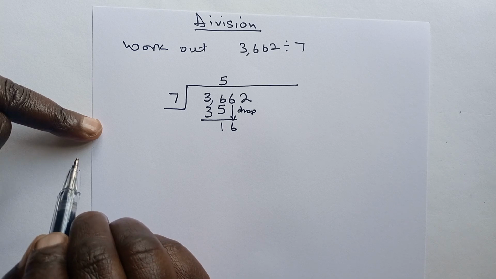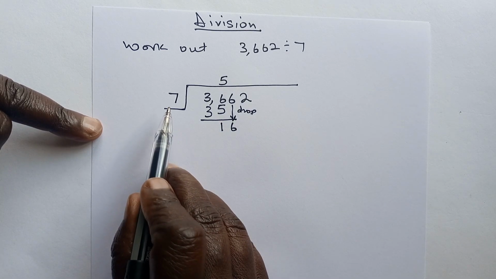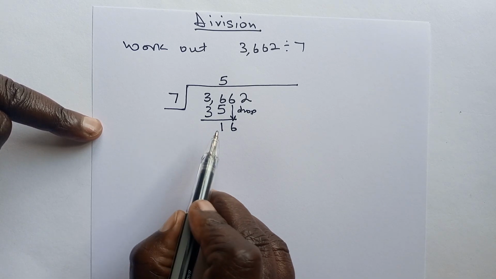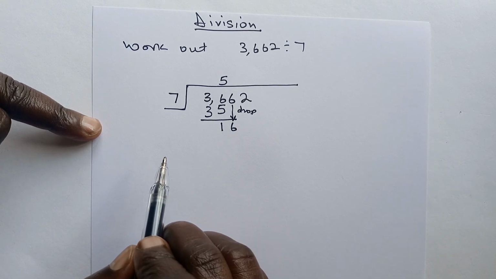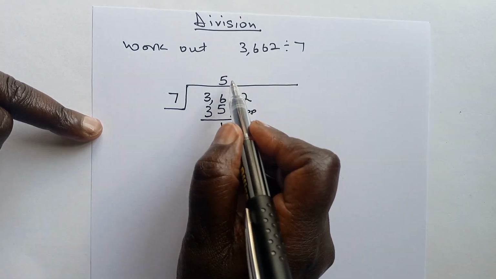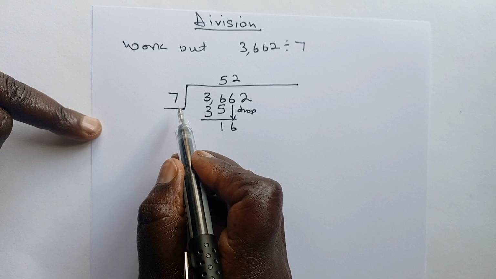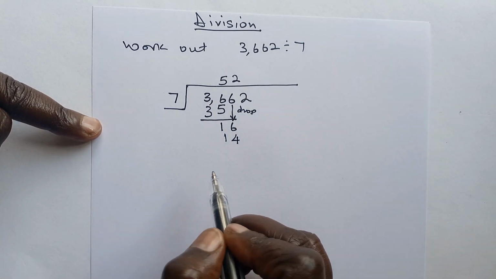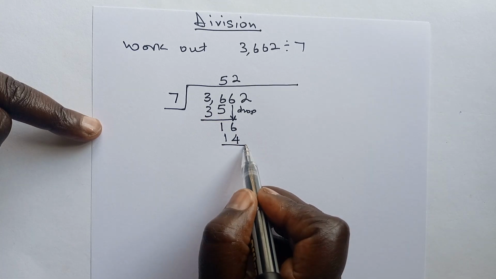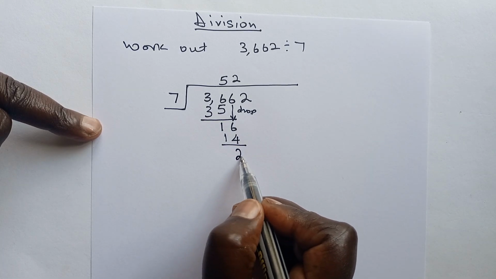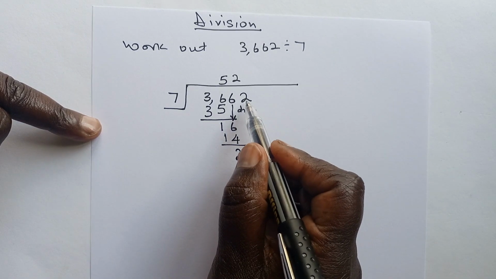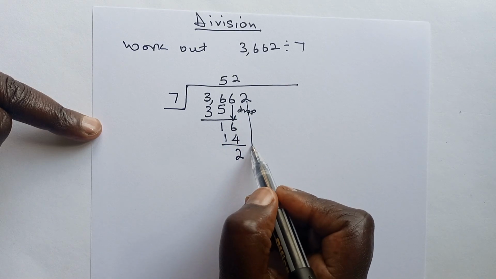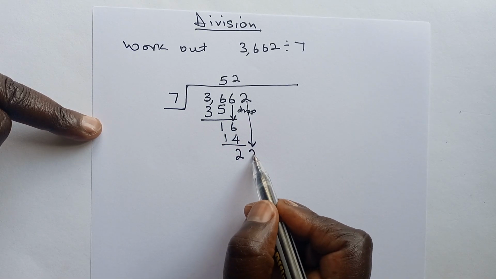Find a number that can go into 16 with 7 to get a number close to 16 but less than 16. That number will be 2. 2 times 7, you get 14. That's our second step. Subtract the two numbers, you will remain with 2. Then you drop the last number remaining, join it with 2.